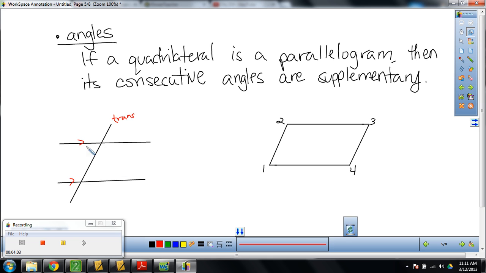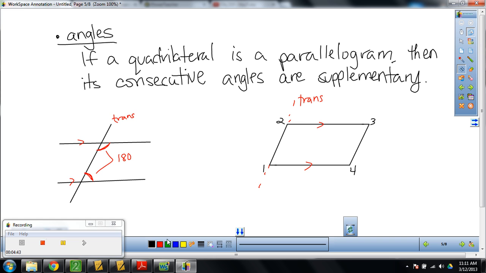We know a lot of things with our parallel lines and our transversals: alternate interior angles, alternate exterior angles, vertical angles, but then we also learned about our corresponding or consecutive angles. Consecutive angles are the two angles that are both inside of the parallel lines and on the same side of the transversal, and those two angles added up to 180. Really, we have the same situation here. This is parallel, and it's kind of like this side is a transversal.